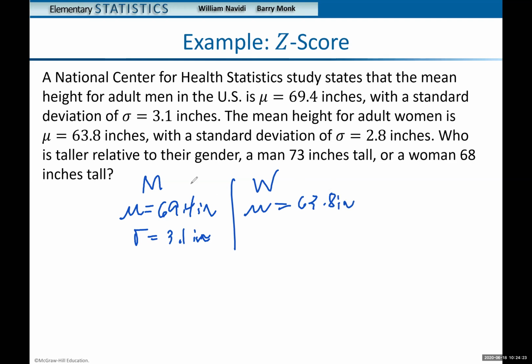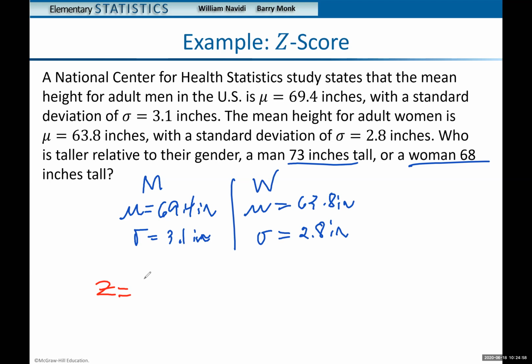So given men's mean is 69.4 and standard deviation 3.1 inches. For women, mean is 63.8 and standard deviation is 2.8 inches. So who's taller relative to the gender? A man 73 inches tall or a woman 68 inches tall? So we're going to use the formula x minus the mean over standard deviation.